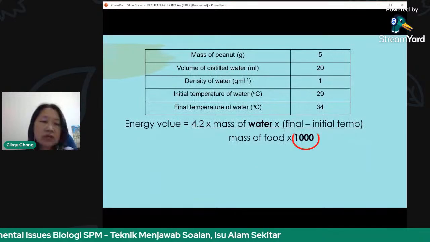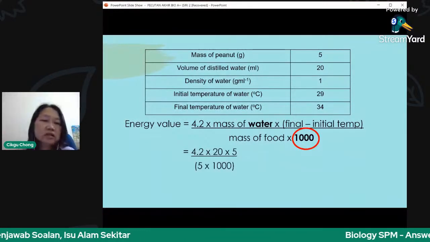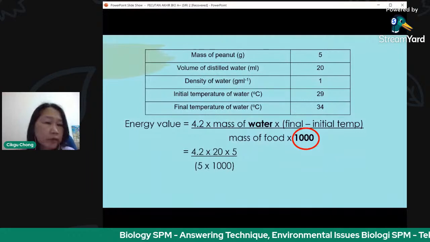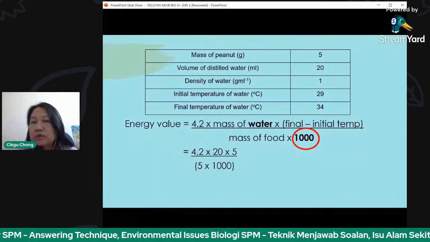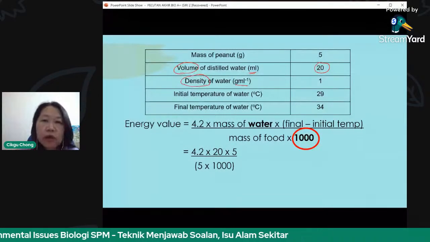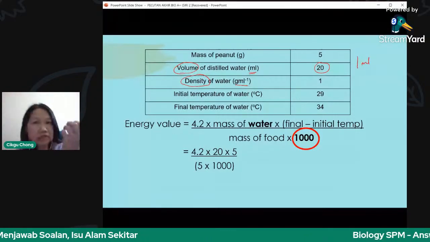If you put 1,000 here, your working is 4.2 times 20. Now, why 20? 20 is the mass of water, but you're given volume. How can you convert volume to mass of water? Very simple reason: the density of water is 1 gram per ml. That means 1 ml of water, in terms of volume, will be equal to 1 gram.